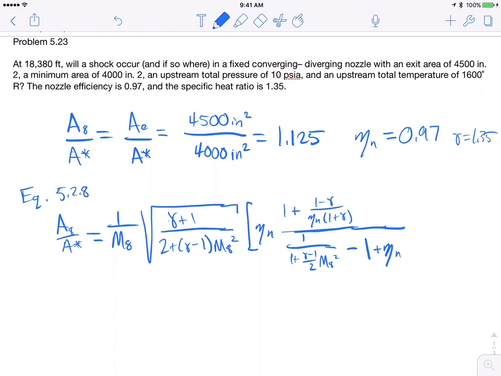And that section is going to be raised to the gamma over gamma minus 1 power.